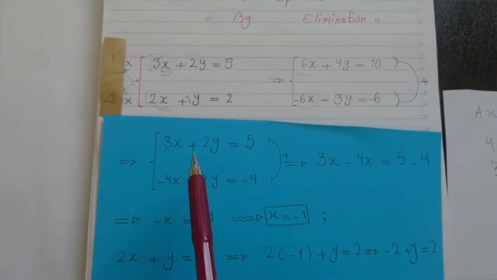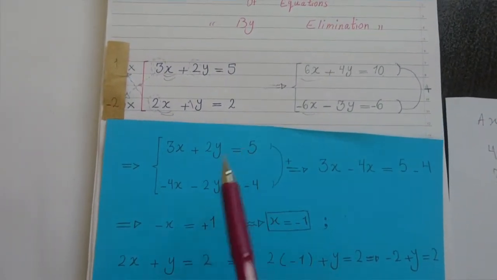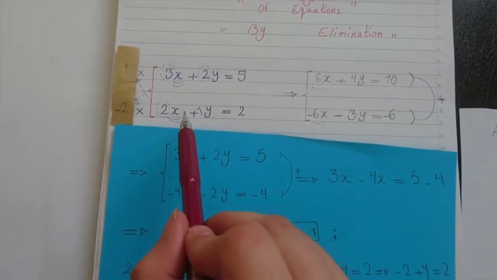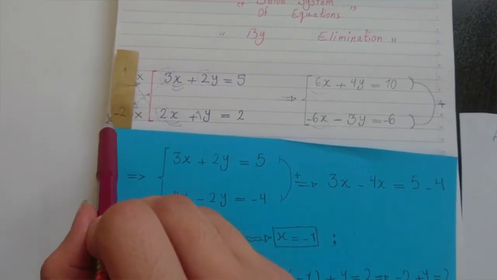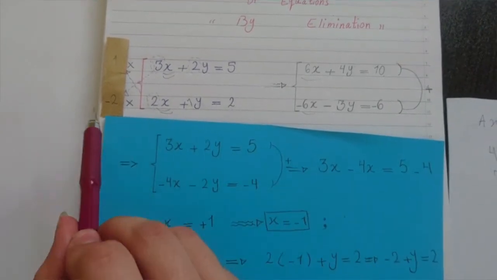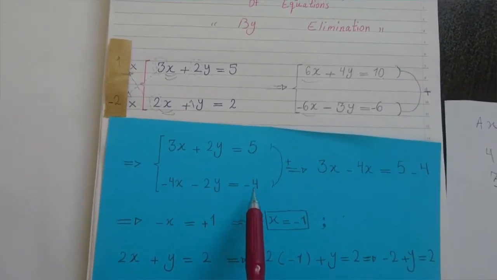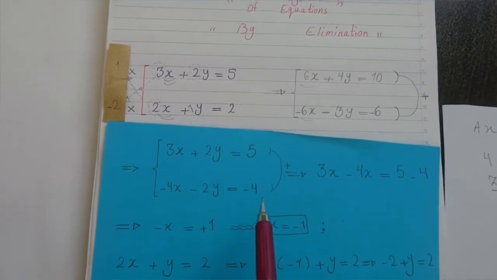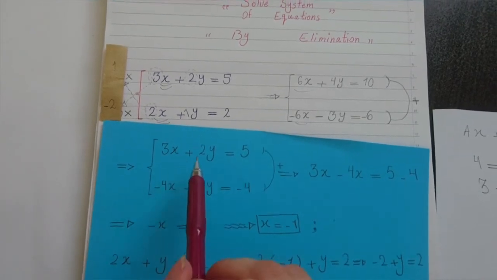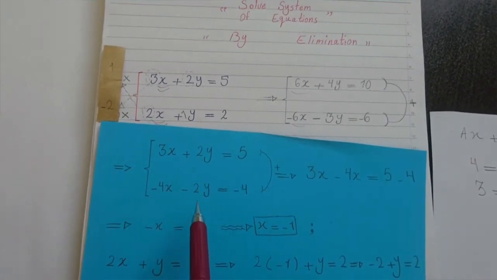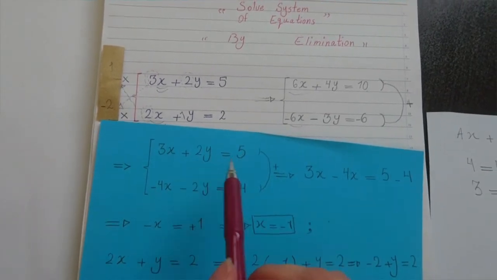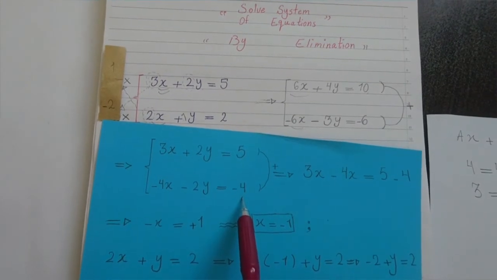Here we have 3x plus 2y equals 5, and negative 2 times 2x is negative 4x, plus y times negative 2, which is negative 2y, equals 2 times negative 2, which is negative 4. By adding these equations, we will have 3x minus 4x plus 2y minus 2y, which is 0, equal to 5 minus 4.